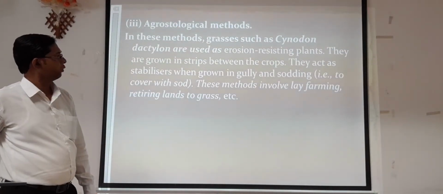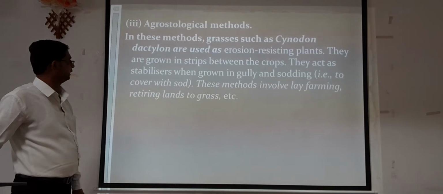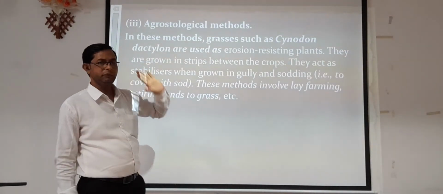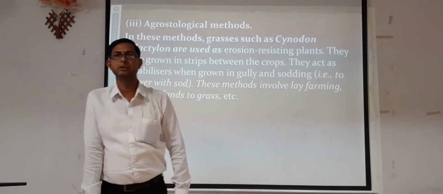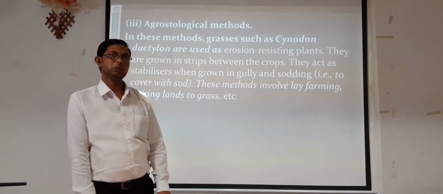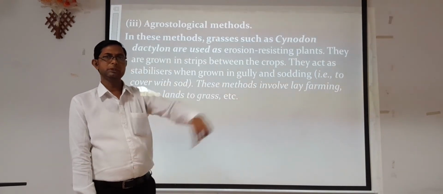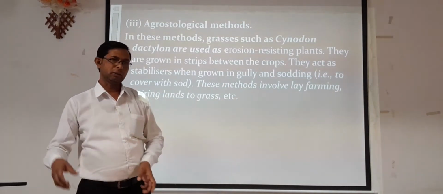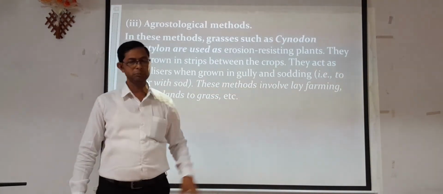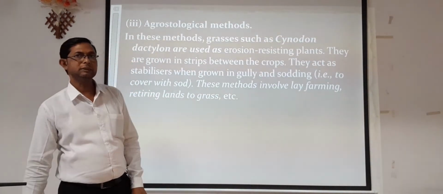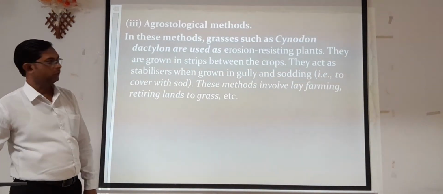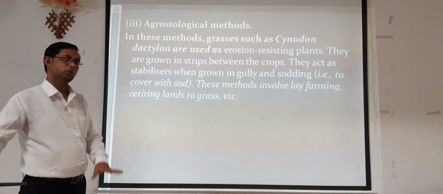This method involves ley farming, retiring lands to grass, etc. So this is a very simple method, but it is generally used in the sloppy region where the slope is more. In this region, what happens? The crop is planted, and in between the two lines of crop, there will be an addition of this particular type of grass. This grass will help to reduce the movement of water, and erosion will be checked or erosion will stop.